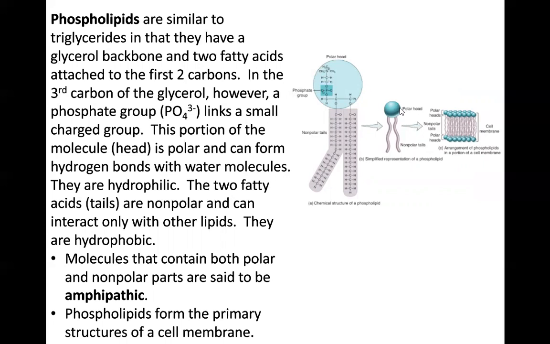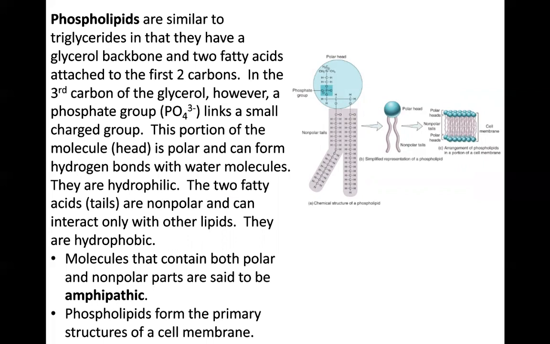The polar heads actually like water. They are described as hydrophilic, which I always tell students, just think smiley face water. They like it. They're attracted to water. Whereas the tails are hydrophobic, which we said are water-fearing, so I always say frowny face water. Okay. They don't like water, they're afraid of it. Okay. Just like any other fat.